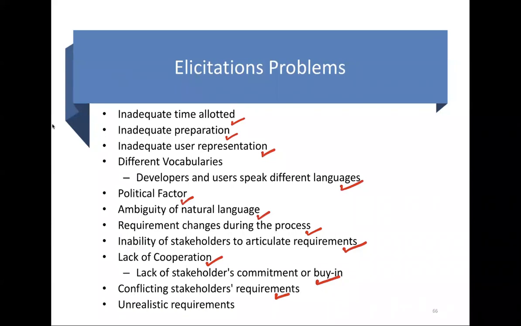This is conflicting, so the conflict between those requirements will be an issue in eliciting accurate requirements. Or maybe the stakeholders are providing unrealistic requirements. At this point, it's hard to come up with recommendations for the design team in the design phase. So these are the main problems in the elicitation phase.